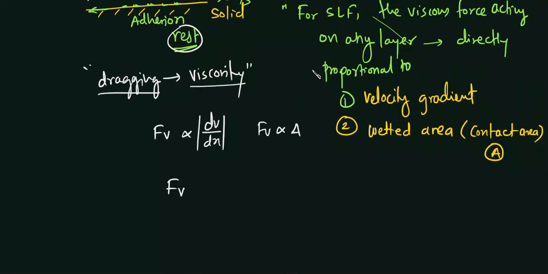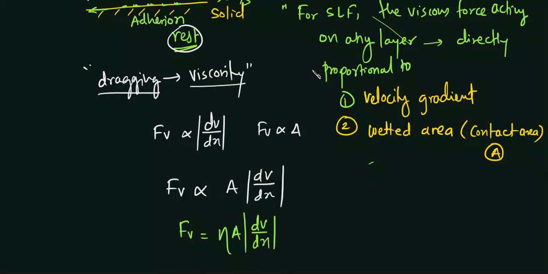And for that we can write it is simply equal to A times dv by dx. Okay, simply this is the magnitude of the viscous force. If you take it negative, it shows that it is dragging or pulling it behind. I am simply using modulus here.